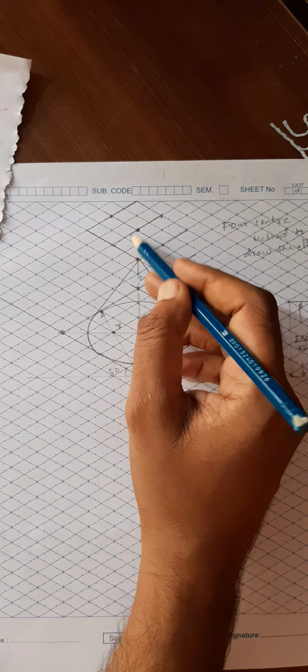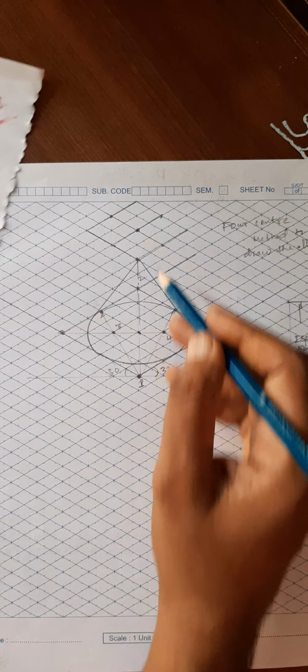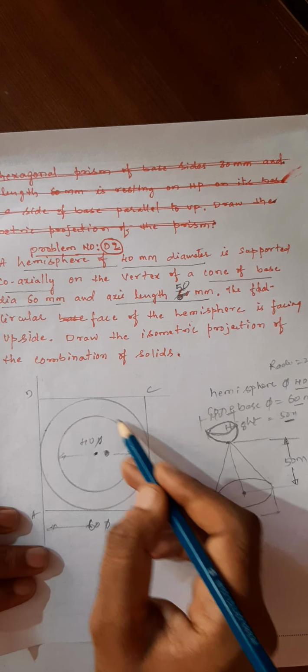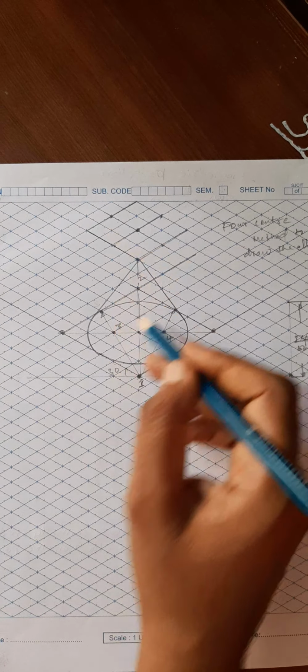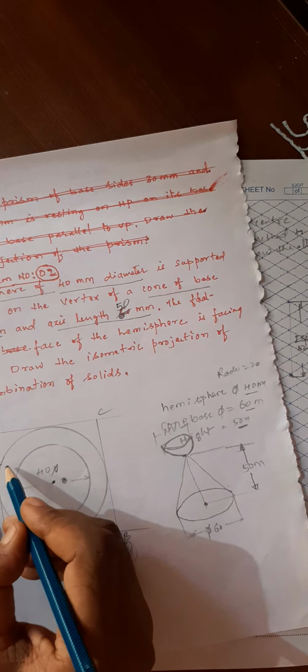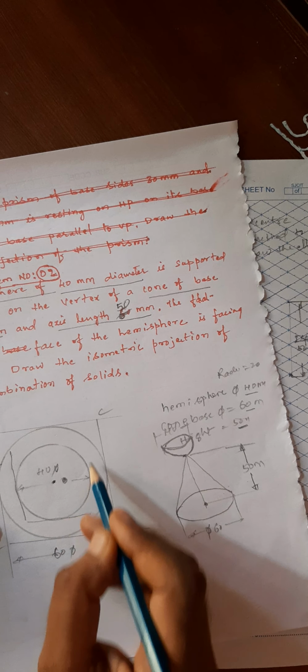Next we have to draw the isometric projection of the hemisphere. The top view of the hemisphere looks like a circle. Therefore we constructed this, enclosing this here, also you will get the square.